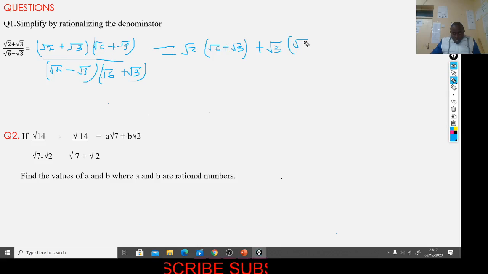That's how we expand. You remember it in Form 3, the expansion part, even Form 2, we learned on how to expand. So root 3 into root 6 plus root of 3 plus root of 3.